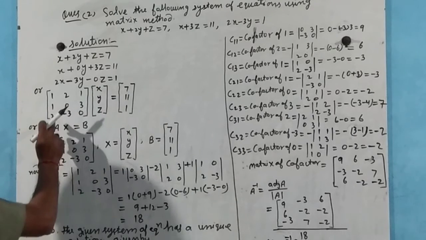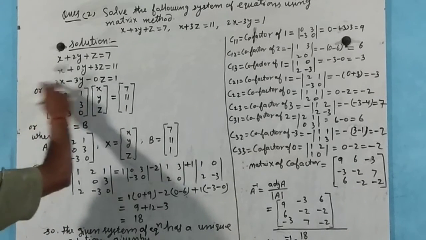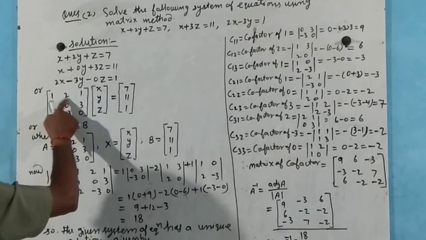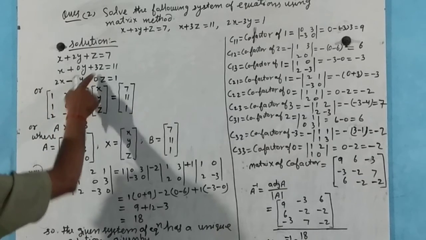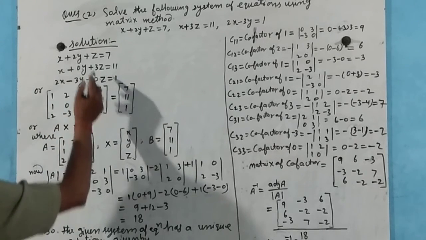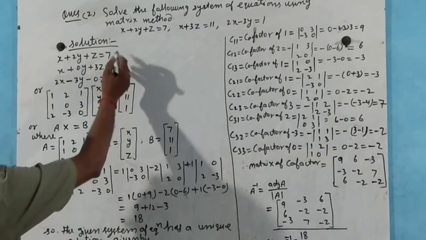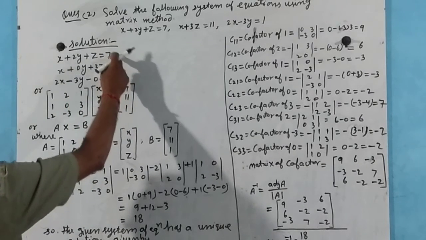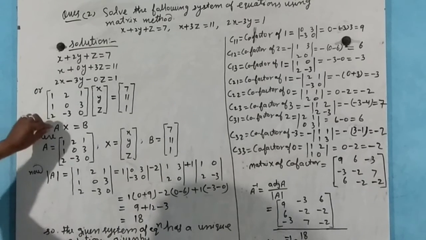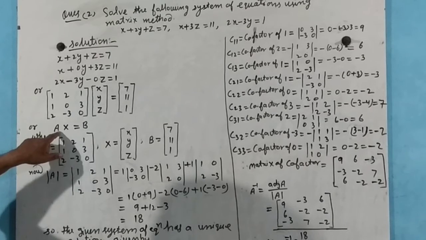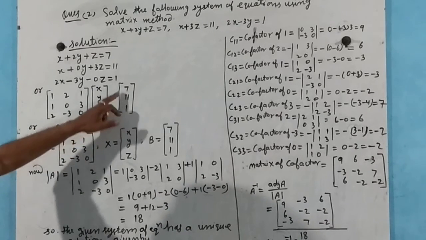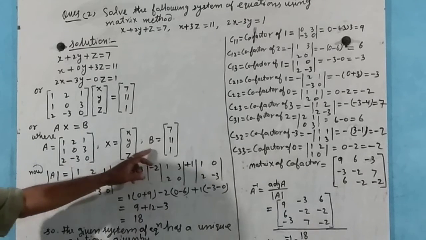Here it can be written as the matrix with rows 1 2 1, 1 0 3, 2 minus 3 0, times x y z, equal to 7 11 1. Now it can be written as AX equal to B, where A is equal to these terms, X is equal to x y z, and B equal to these terms.